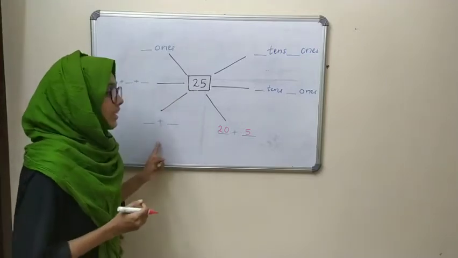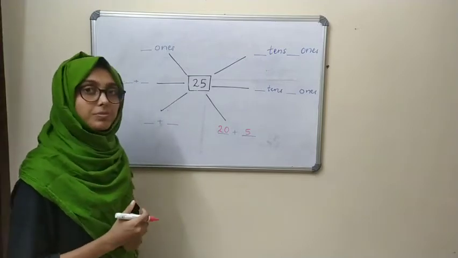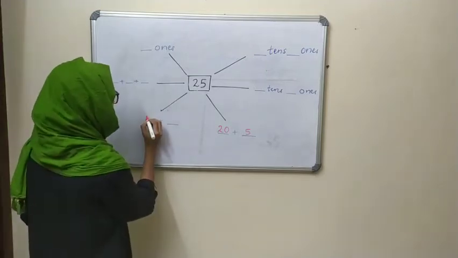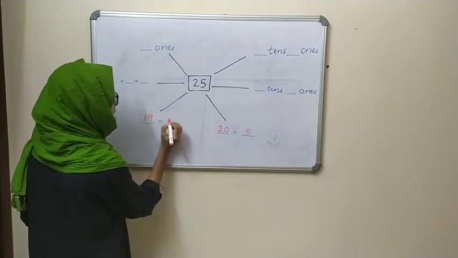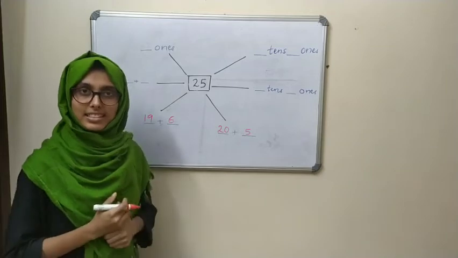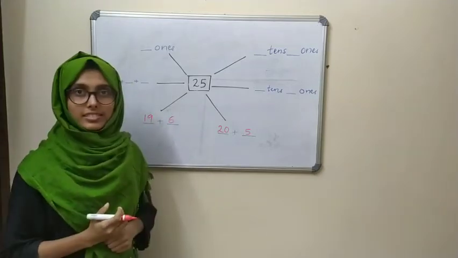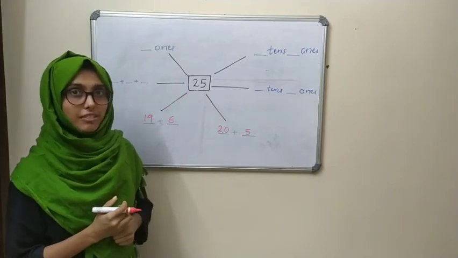Now here, any other number? Tell me another number. So you can add 19 plus 6. Then also that becomes 25, isn't it?